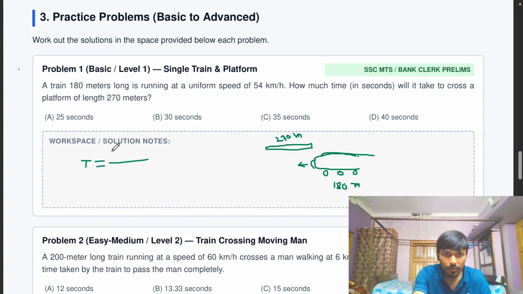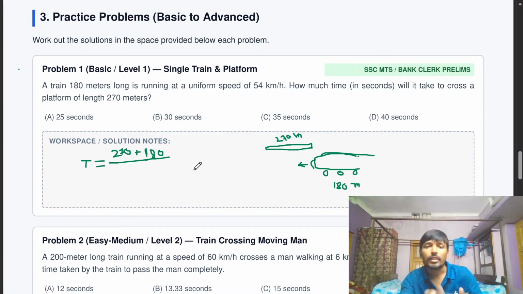So the total distance is 270 plus 180 meters. Okay. So this is the total distance covered by this train, 180 meters plus 270 meters.